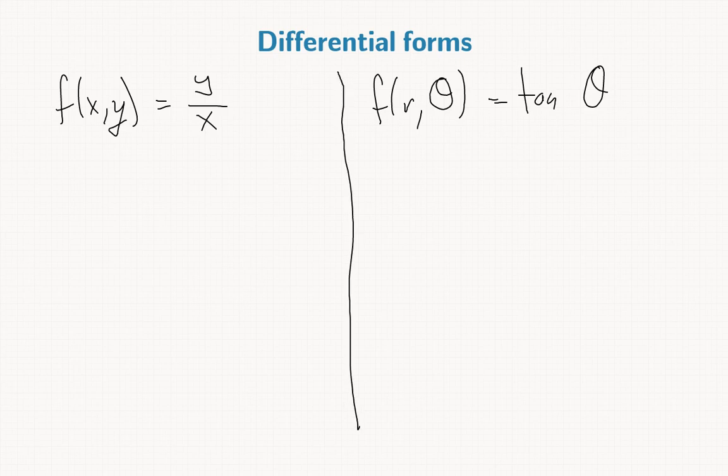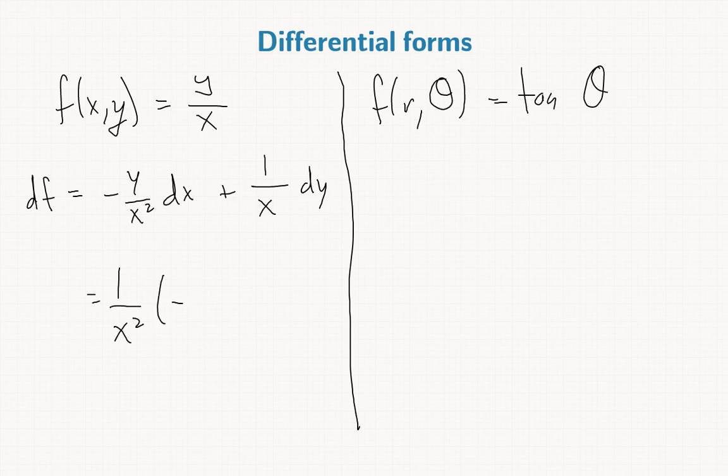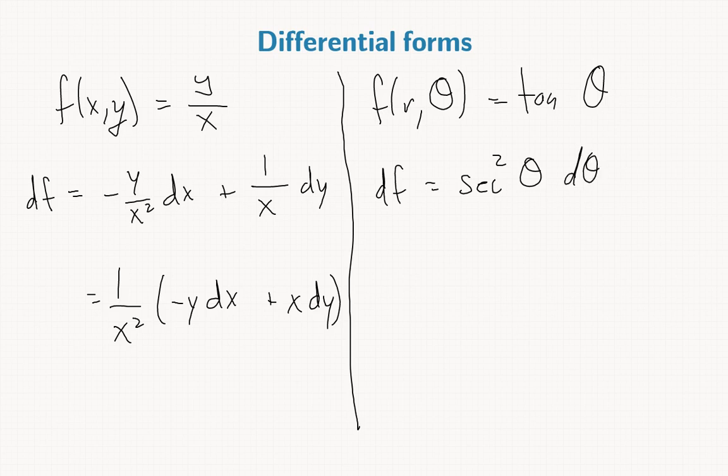Now, if we calculate df in Cartesian coordinates, then this will give us negative y over x squared dx plus 1 over x dy, or that's 1 over x squared times negative y dx plus x dy. Whereas in polar coordinates, df will be sec squared theta d theta.